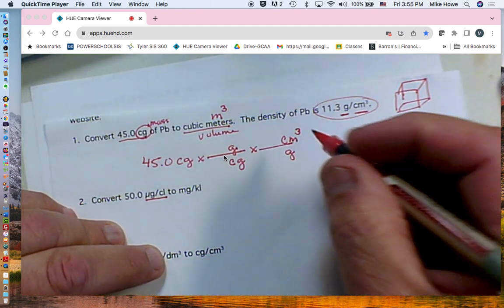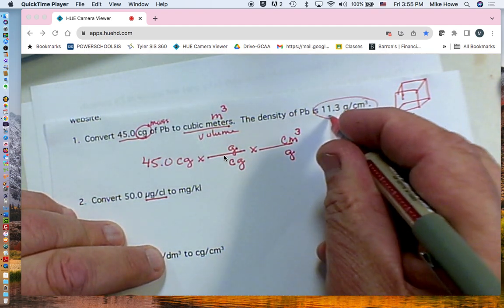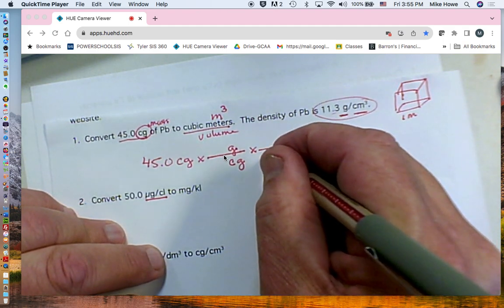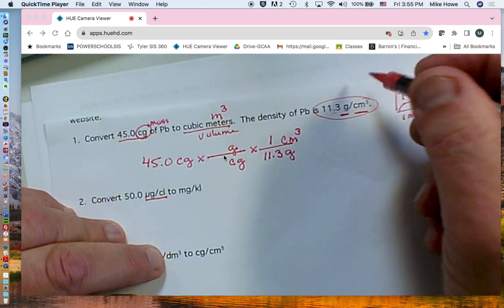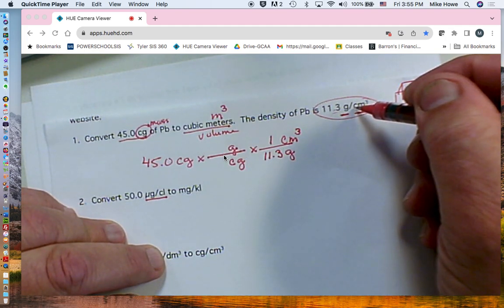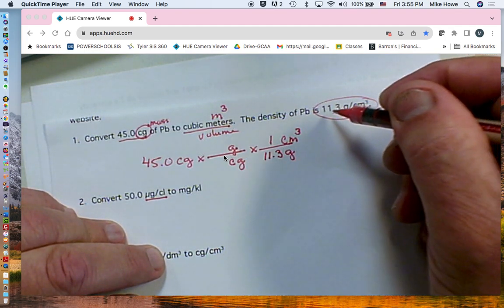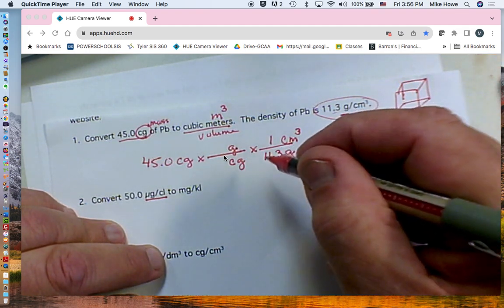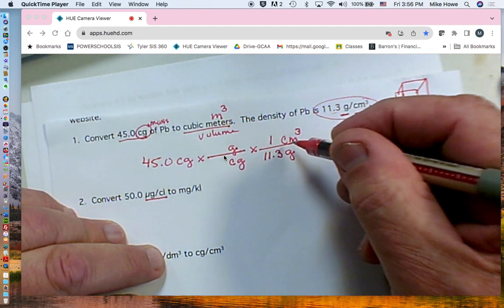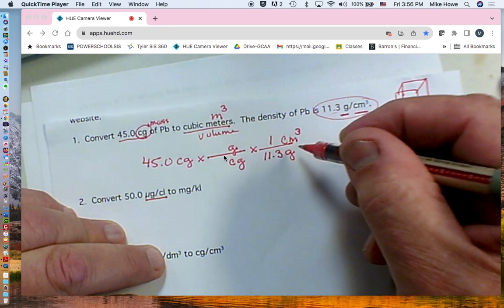It tells us in the density that 11.3 grams is the same as 1 cubic centimeter. Since there's no number in front of this cubic centimeter, that means there's just 1. So 11.3 grams is equal to 1 cubic centimeter. Remember that in these ratios, the top and the bottom have to equal each other.